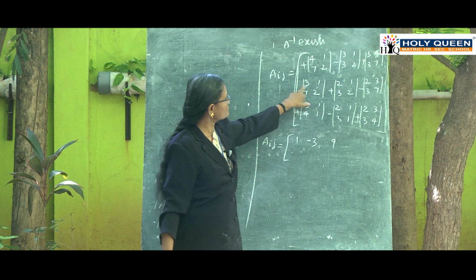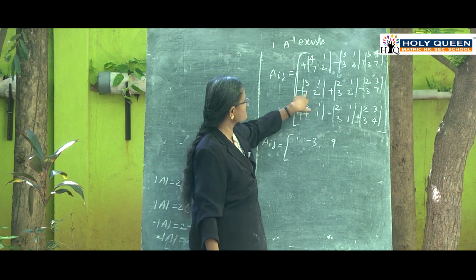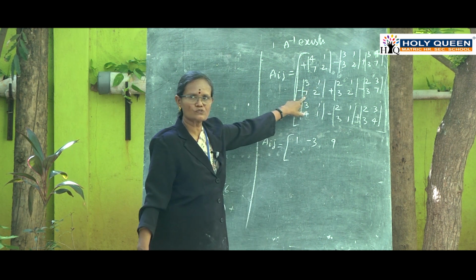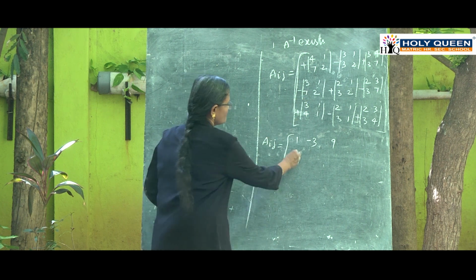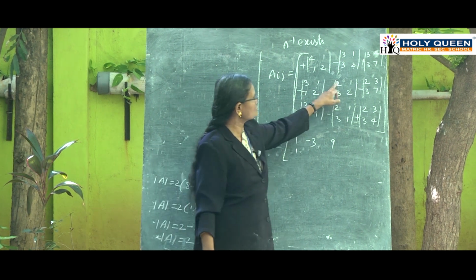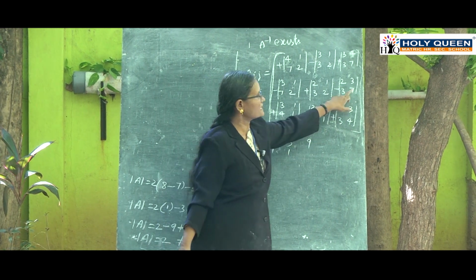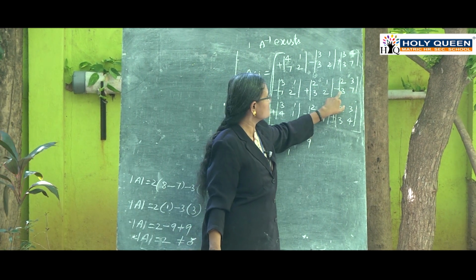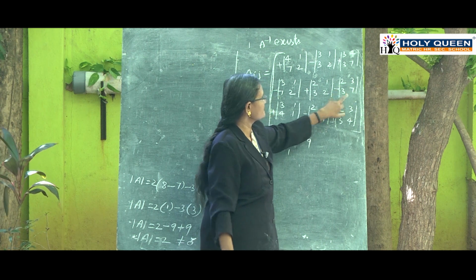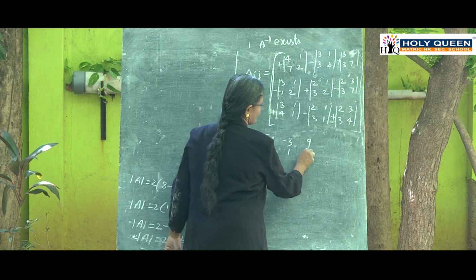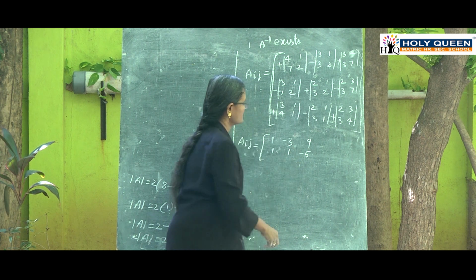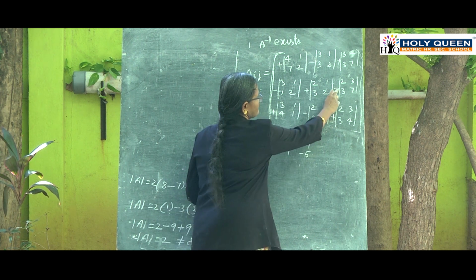Here 3 2s are 6 minus 7, we get minus 1, minus of minus 1 is plus 1. Next one, 2 2s are 4 minus 3, we get 1. 7 2s are 14, 14 minus 9, we get 5, one minus sign is here, so minus 5.